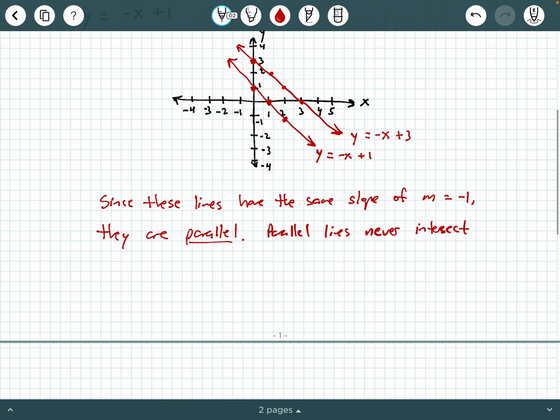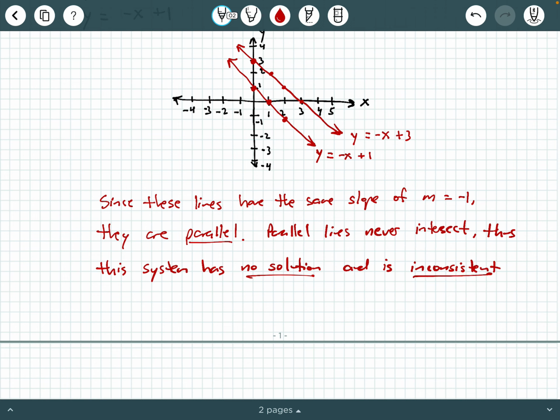They never meet. Thus, this system has no solution and is inconsistent.